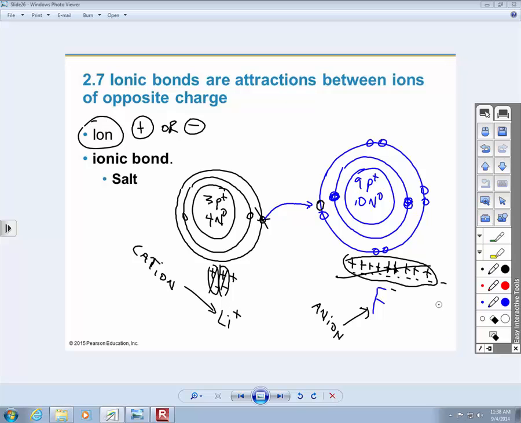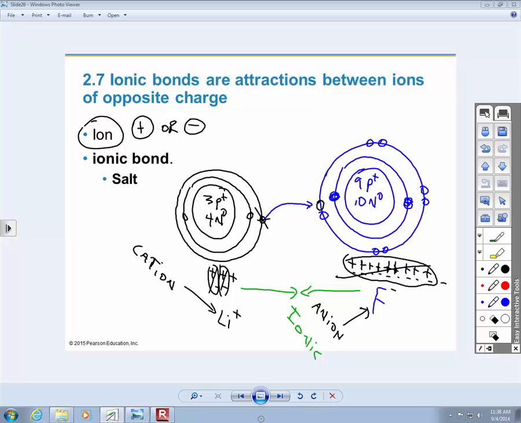What happens is this negative and this positive attract. They're attracting to each other because they have different charges. That attraction of ions is what they refer to as an ionic bond. Just ions, differently charged elements attracting together.